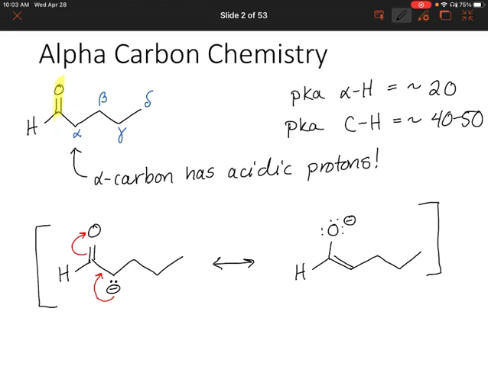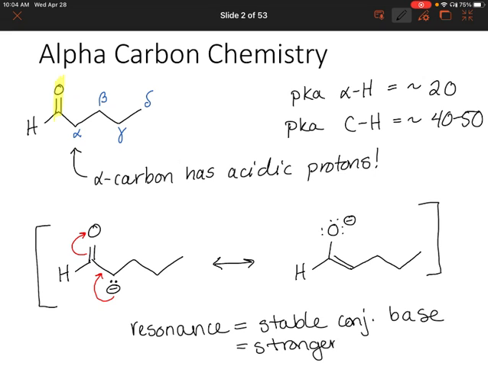Remember that the more stable a conjugate base is, the stronger the original acid. Here we can see we have resonance structures, and so that means we have a stable conjugate base, which means we have a relatively stronger acid. So again, that alpha proton is pretty acidic compared to regular protons on a regular carbon.